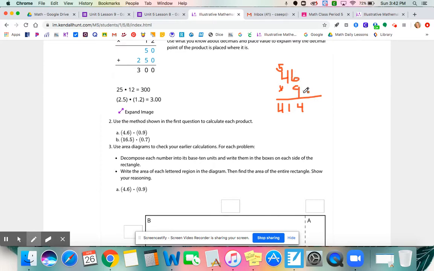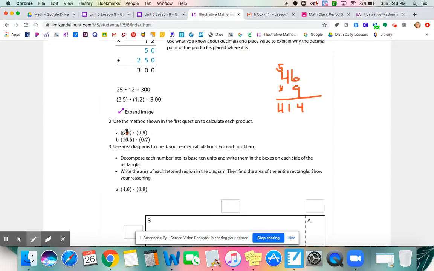9 times 6 is 54, so I write the 4 and carry the 50 to the tens column. 9 times 4, or really 40, is 360, plus the 50 that's there, so I get that 41, because 36 plus 5 would get me to 41. 414, again, does not make sense as a number.